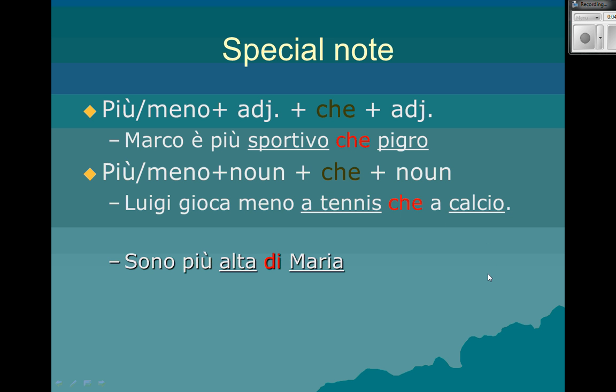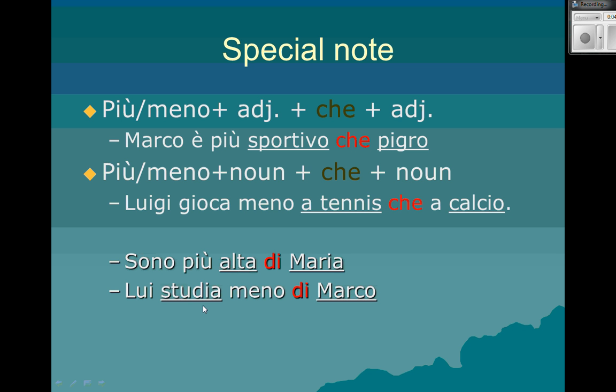Let's compare that to what we had before. Sono più alta di Maria. Alta is an adjective and Maria is a noun. We have two different grammatical categories, adjective and a noun.